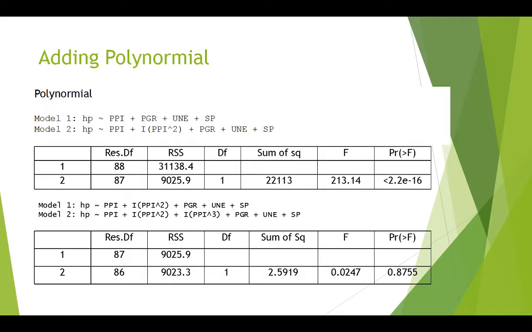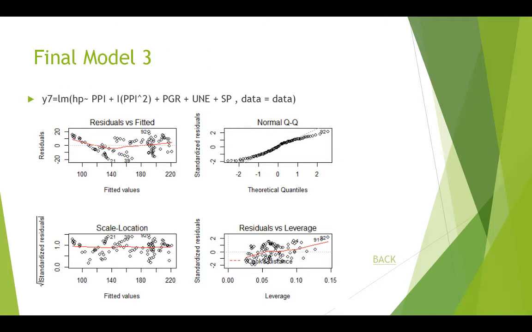When we keep adding the third power of PPI, the result is not satisfactory. So we get our final model 3, which is regression on 5 variables: PPI, PPI squared, PGR, UNE, and SP. The residual plot also improved a lot.